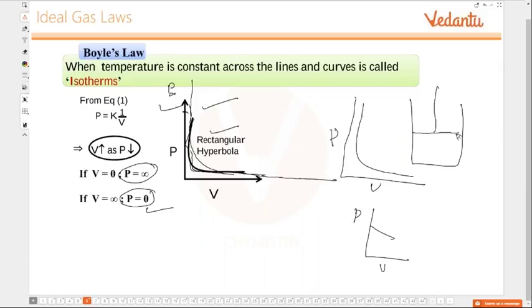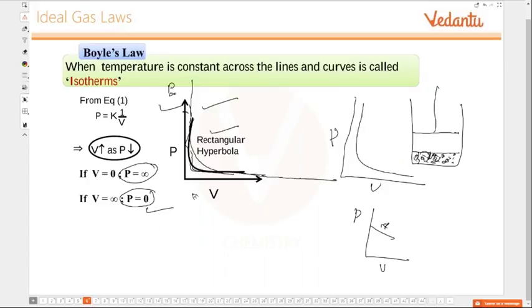When molecules come closer, there are attractive forces and also repulsive forces. Therefore, the increase in pressure does not lead to the same decrease in volume. It will not be constant. It depends upon the kind of intermolecular forces of attraction and repulsion that are in play. That is the reason you don't get a linear graph.